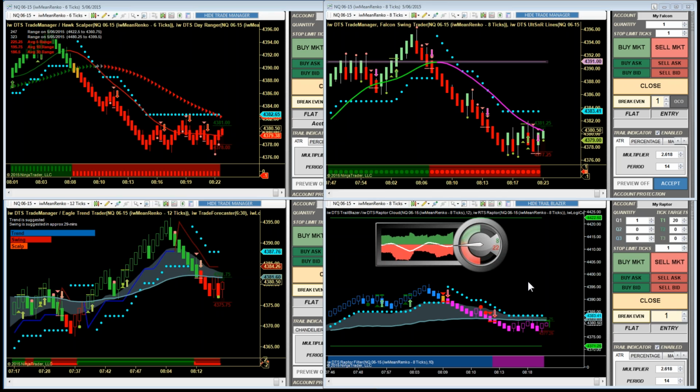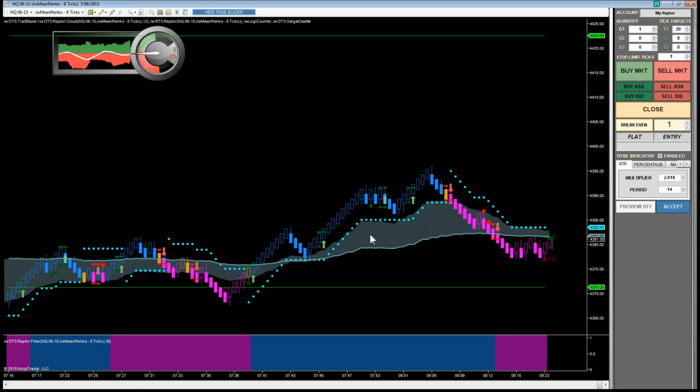Jay says the cloud gives extra confirmation on the Raptor. Yes, this is the cloud that was borrowed from the Eagle Trend Trader. What am I looking at here? The NASDAQ. It pretty much shows you directionality.